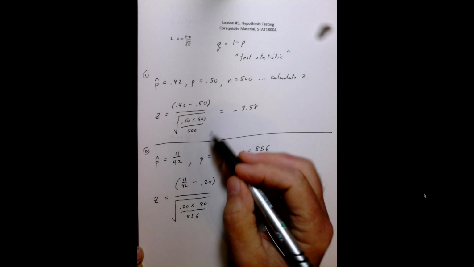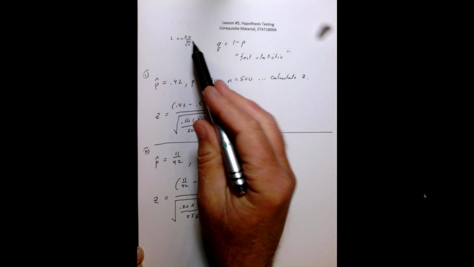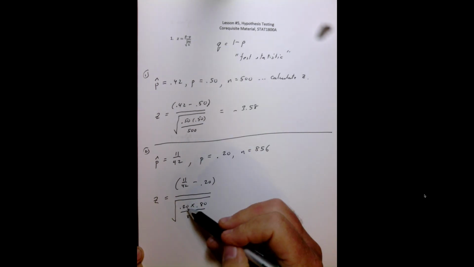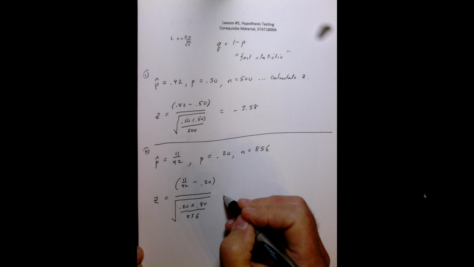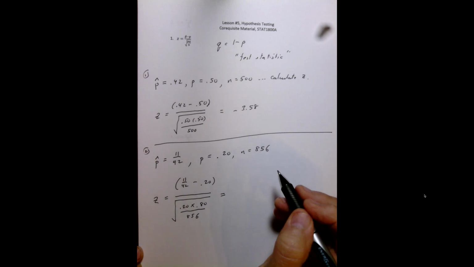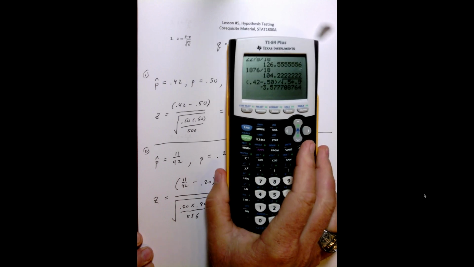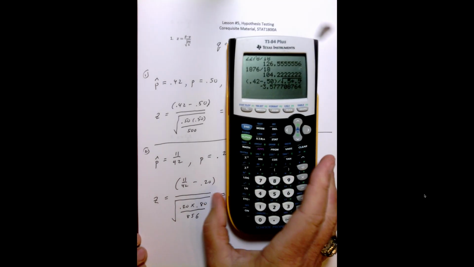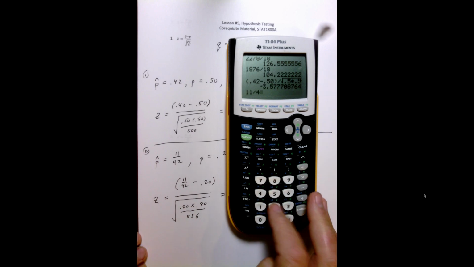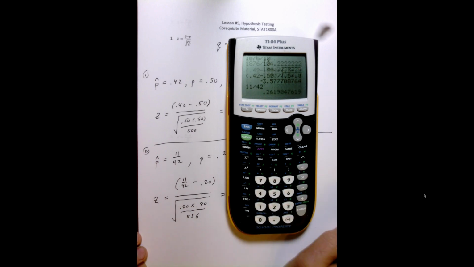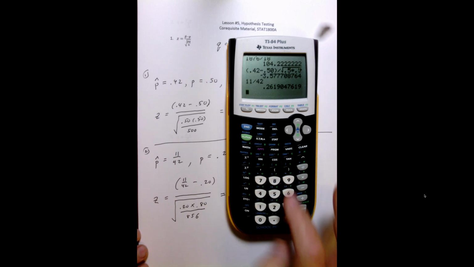Because this part, the Q, is 1 minus P. In my head I can just do 1 minus 0.2 and know that is 0.80. Now, how do I put this in the calculator to get the right answer? This is what I have found most effective. I put the 11 divided by 42 in and just let it ride. Then I start the problem.